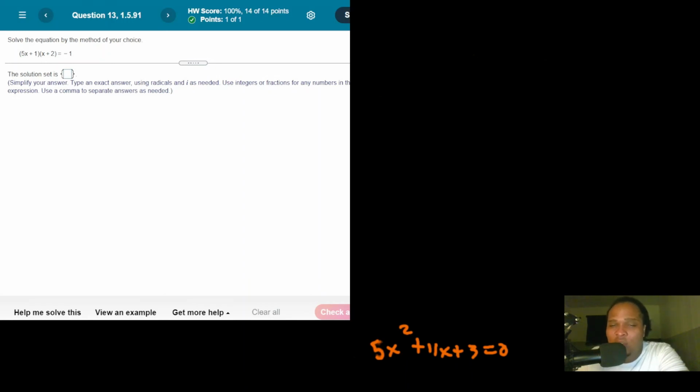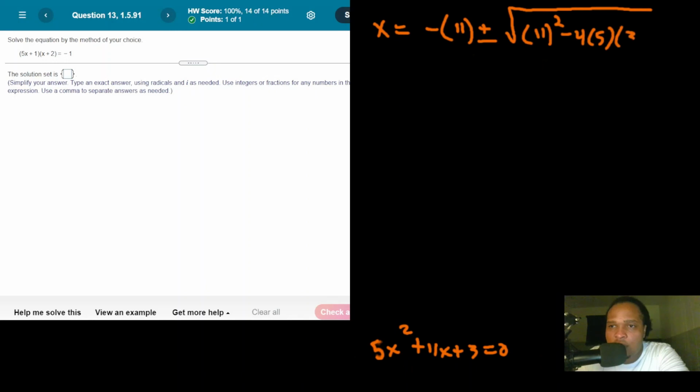So the quadratic formula says you take your x is equal to your negative b, which in this case is 11, plus and minus big old square root. And then you're going to take your b squared minus 4 times your a times your c.